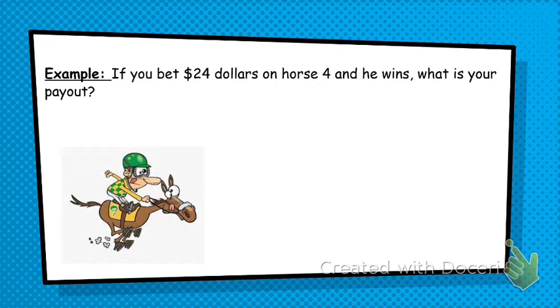So if you bet $24 on horse 4 and he wins, what is your payout? So horse 4 had 1-to-3 odds. Let's see what that looks like. So you bet $24. Well, $24 is 8 times as many as the minimum bet of 3. Sorry, I first said 4 times, that's not right.